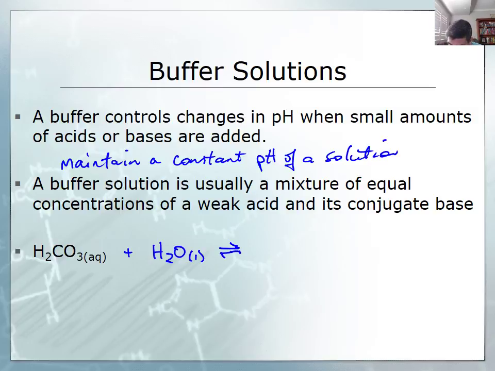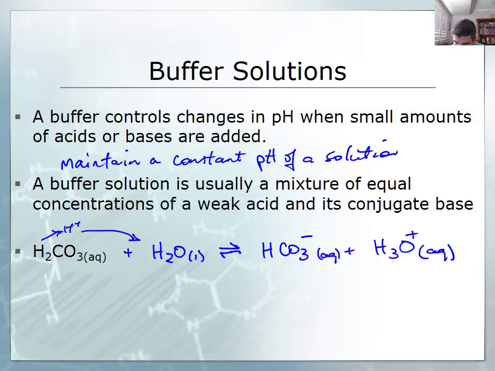It will form the HCO3 minus ion in aqueous solution and the hydronium ion as it donates a proton to the water molecule. And this is what we get left behind.